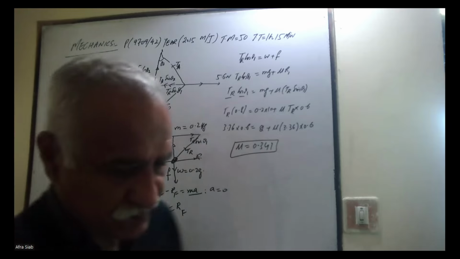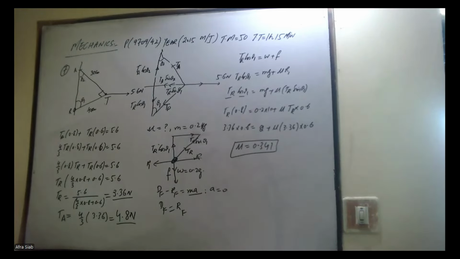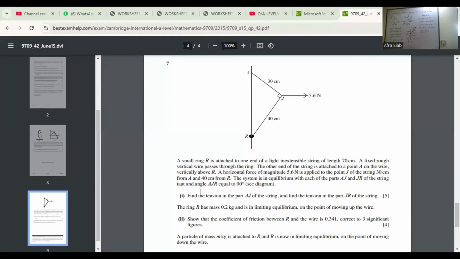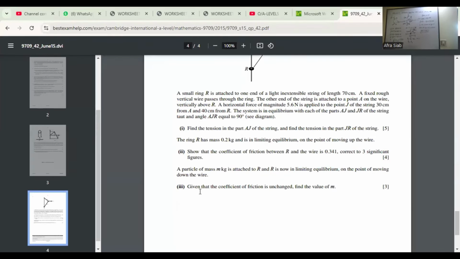And now in the last part, given that the coefficient of friction is unchanged and a particle of mass m kg is attached to this ring, now find out, if it is on the point of moving down the wire, the frictional force of that particle there.